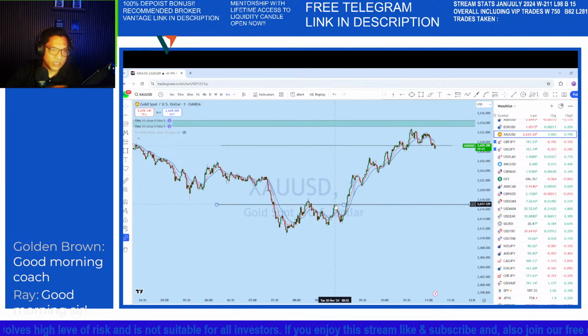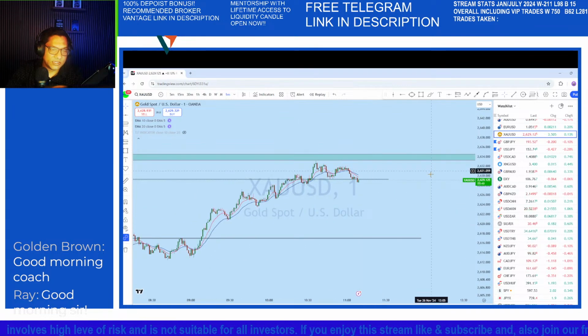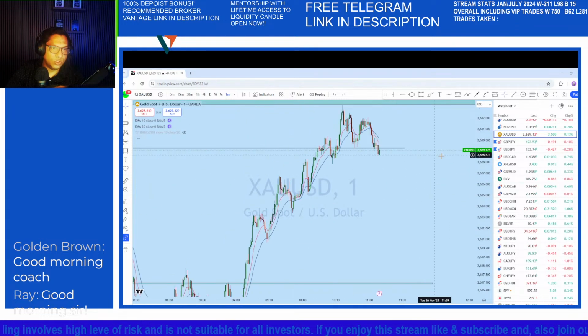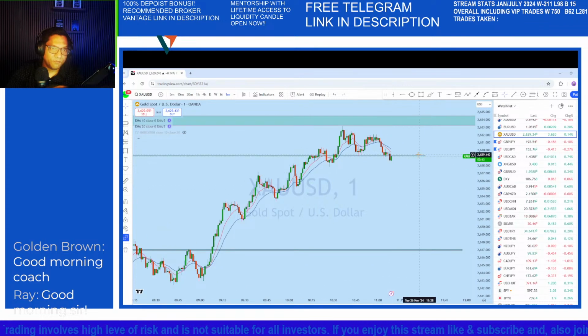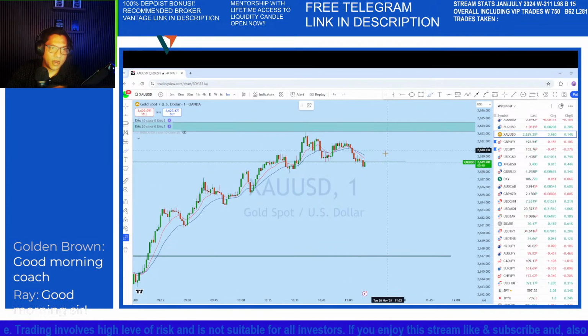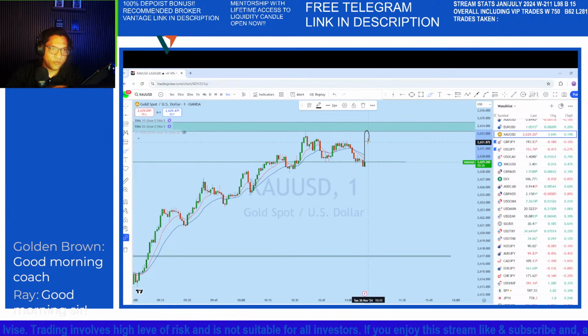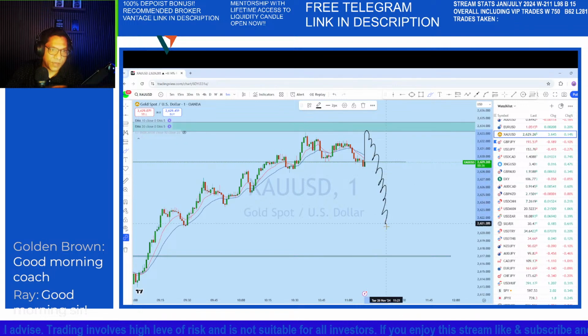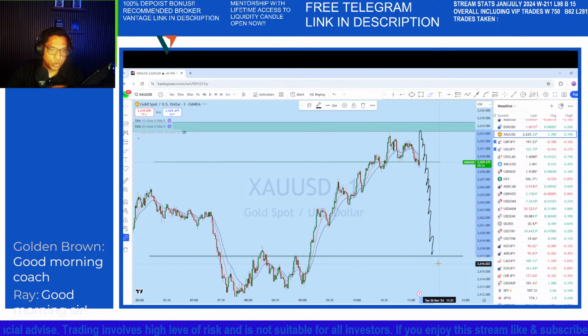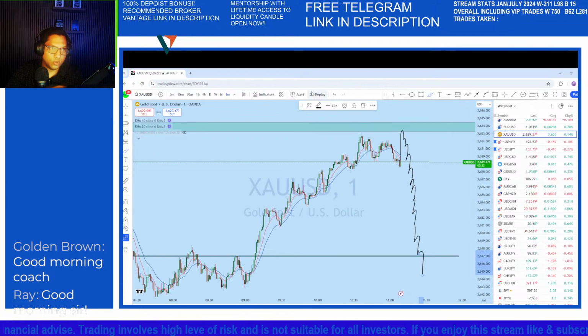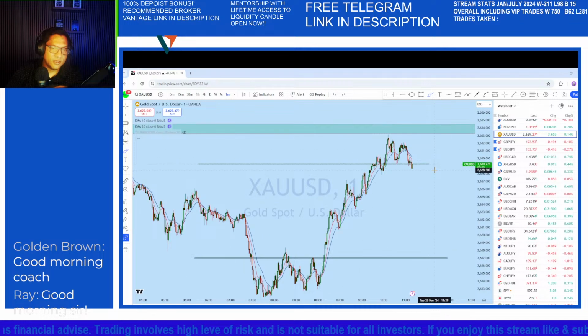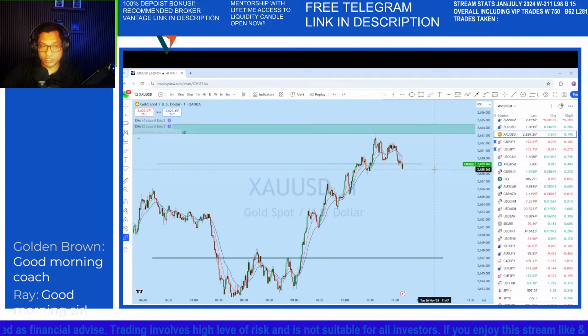This is a resistance, this is a support here, and if we see the market grab liquidity from here, we can expect it to come back down again to the support level. This is the plan here on XAUSD at the moment.